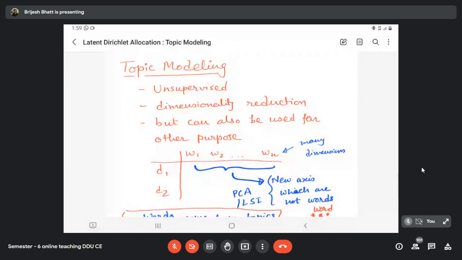Now let us add a third dimension in this discussion, in this word document matrix. That dimension is called the topic dimension. Many of you would know that a document talks about a topic, usually more than one topic. A document may touch upon more than one topic.